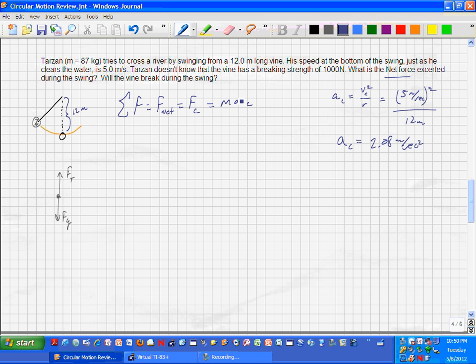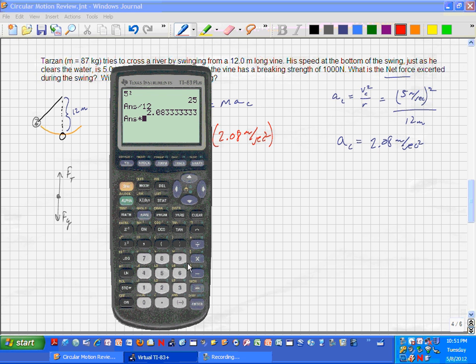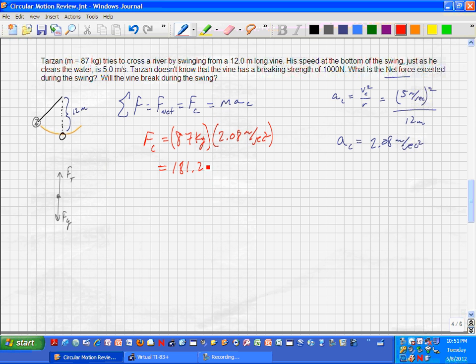So I can figure out that net force, that centripetal force. It's going to be equal to 87 kilograms, the mass of Tarzan, times that 2.08 meters per second squared. So that's going to be equal to 181.25 newtons.